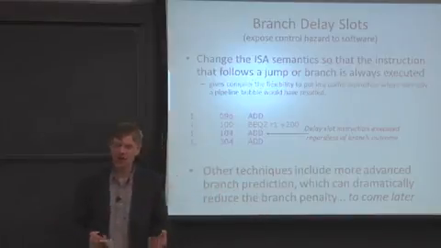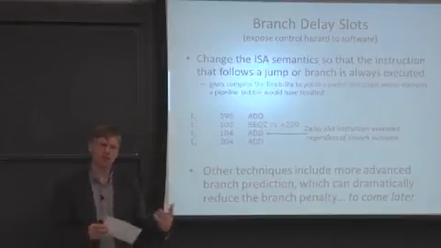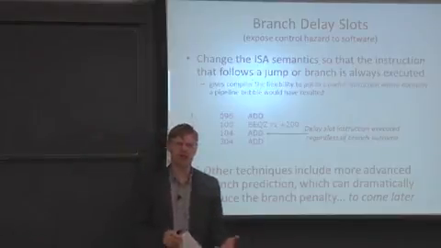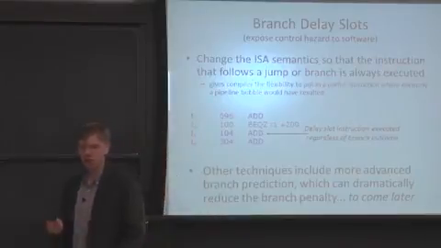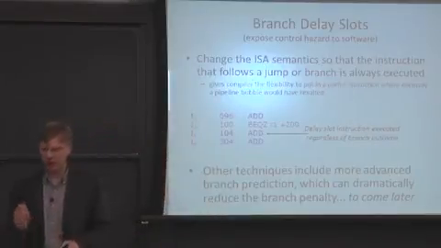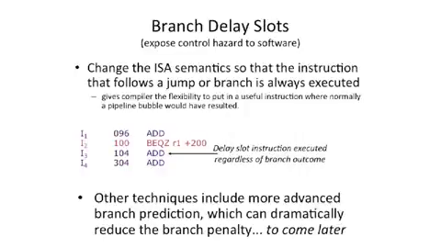Instead, you can expose this challenge of the time it takes to resolve a branch to the software. So I'll define a branch delay slot. A branch delay slot is an architectural, and when I say architectural, I mean big A architectural or instruction set architectural, change which allows or forces some number of instructions after a branch to always execute.